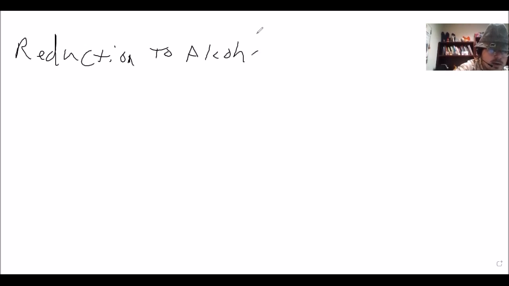Now there's a couple other things we can do. We can also do some reduction of carbonyls to alcohols. Some of these compounds we've already seen a little bit already.